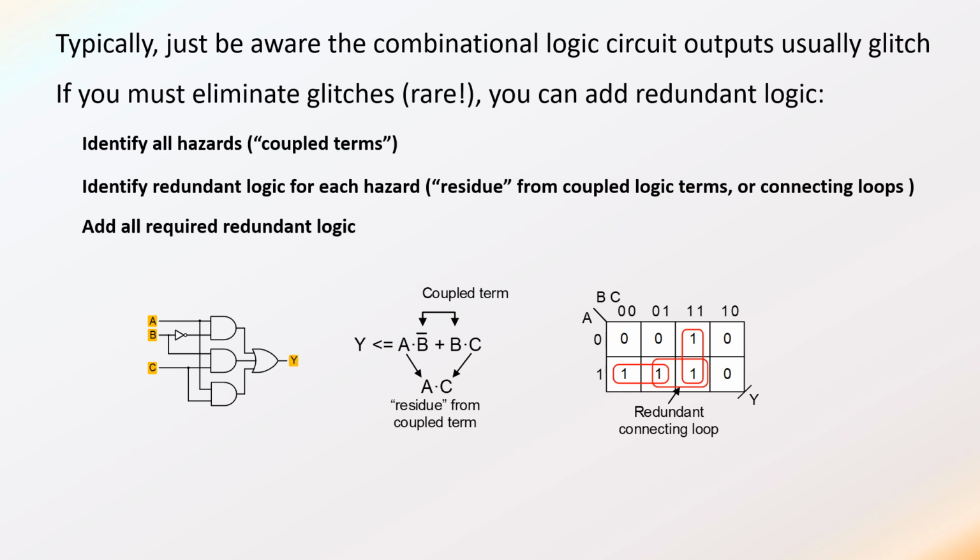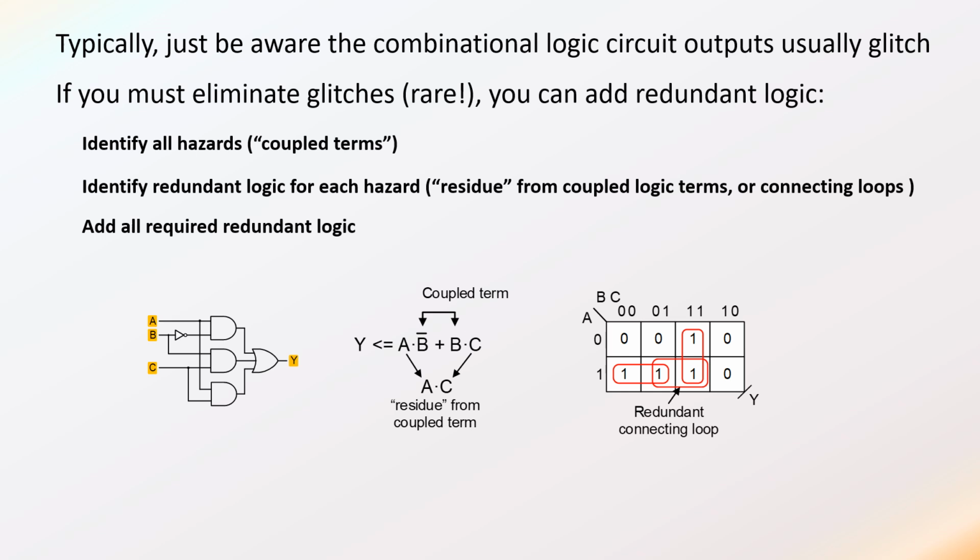If I combine those into an AND gate, I know the output of that AND gate is always high, and it's driving the OR gate. So I haven't changed the overall logic of the circuit. I can see that from the K-map, but I have added a redundant extra term that removes the chance of a glitch happening.